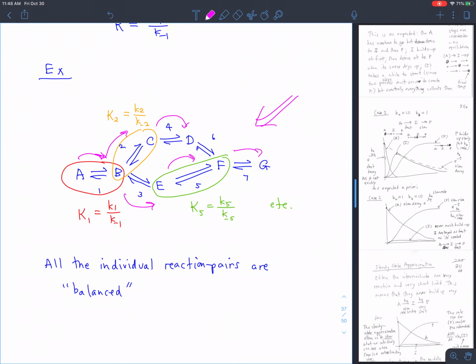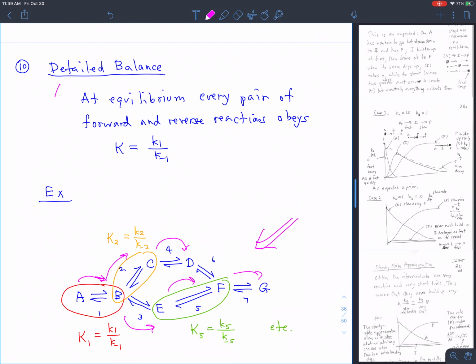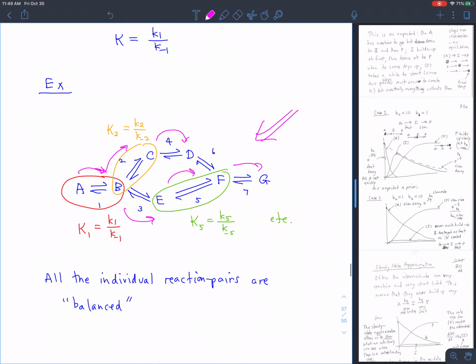But anyway, if you've got some complicated thing like this, which does happen all the time in biochemistry and biology, then what detailed balance says is that if you consider any one of these reactions, any pair in this whole reaction scheme, like this one here with just A and B, then at equilibrium the equilibrium constant for just this part of the whole mechanism is equal to the rate constants for the forward over the reverse for just this part of the mechanism.